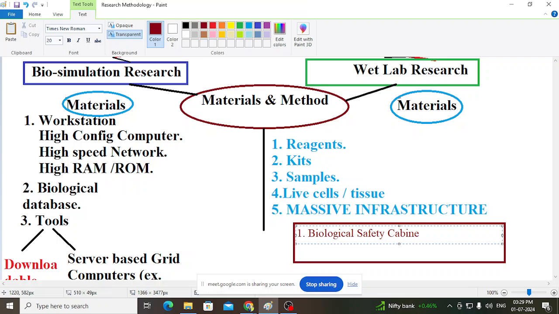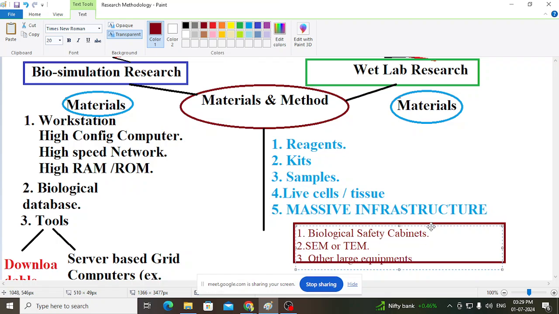Then we may need high-end facilities like an electron microscope, SEM or TEM: scanning electron microscope and transmission electron microscope, which needs a whole room. Then there could be n number of other large equipment.